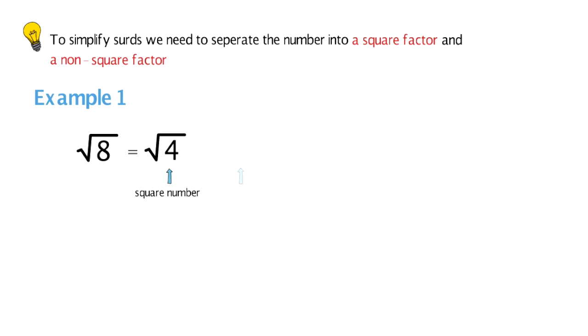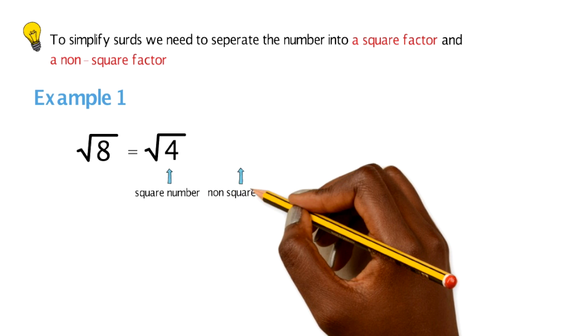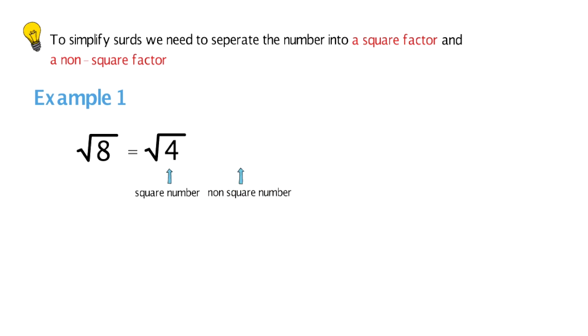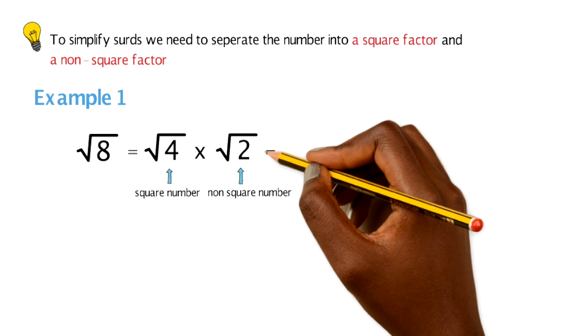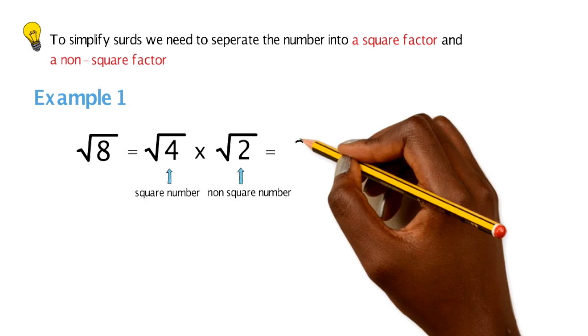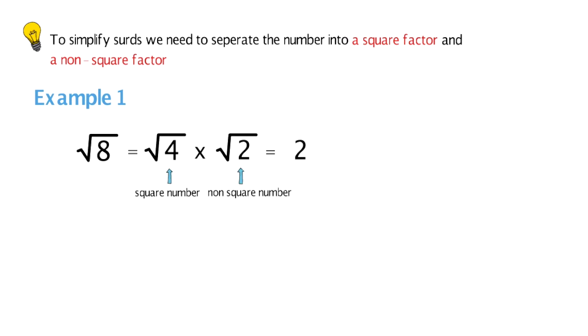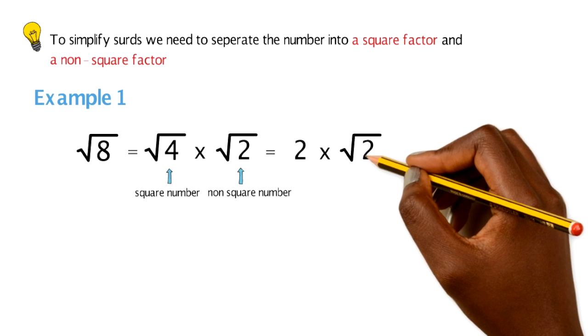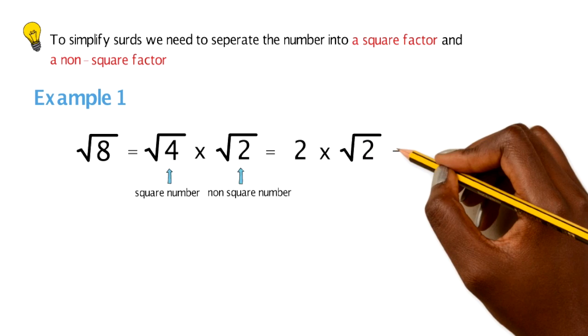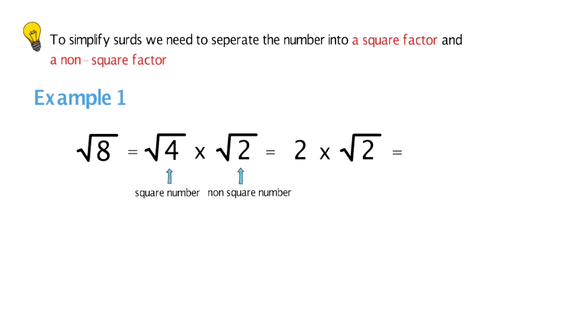And the non-square factor is root 2. The root 4 is therefore going to simplify into 2, but the root 2 cannot be simplified any further, so that will be kept as root 2. And so the final answer of root 8 simplified as a surd would be 2 root 2.